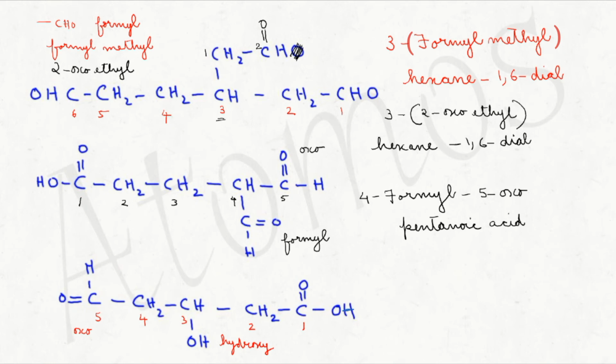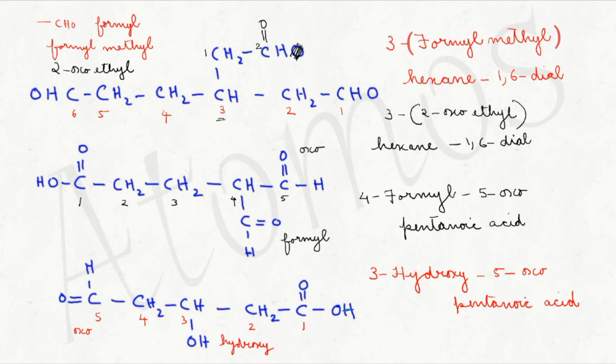That will be the hydroxyl group. Okay, so what will be the name of the compound? 3-hydroxy. Then at the fifth position, one oxo group is present. 5 oxo. Then how many carbon atoms are present? Totally 5. So that will be pentanoic acid.